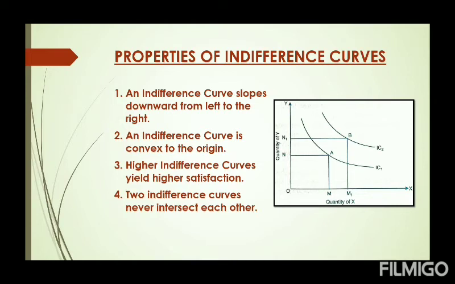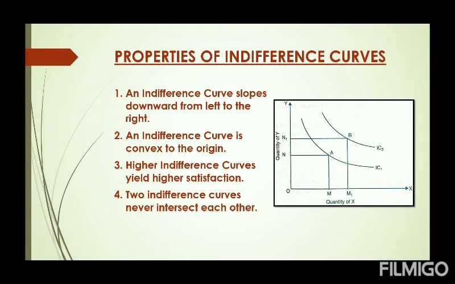Very simply, if suppose IC1 and IC2 intersect at a particular point, then the point of intersection will lie on both ICs, and it will have a certain level of satisfaction that cannot match two different levels of satisfaction, because two ICs must have different levels of satisfaction. That is why an indifference curve never touches the axis. At the same time, they never touch each other. So the concept of indifference curve is very important for this chapter.